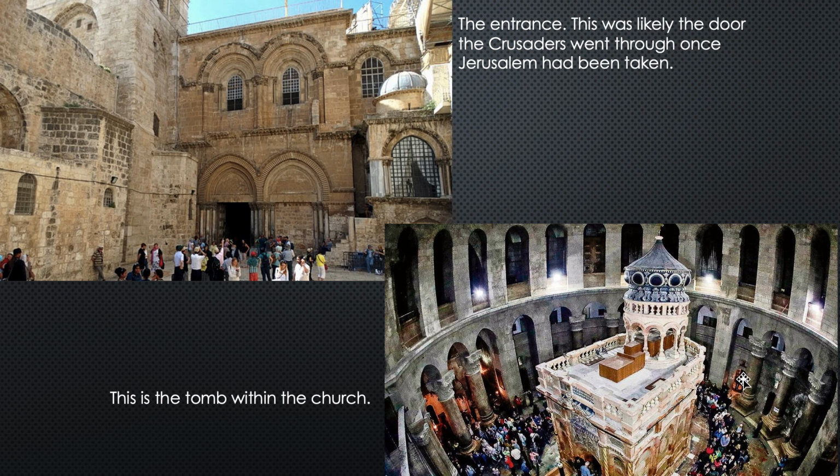So that is the tomb inside the Church of the Holy Sepulchre. So you see, this is a very special site. This is why the Crusaders would not want to have any non-believers having control over this site. We'll put it that way.